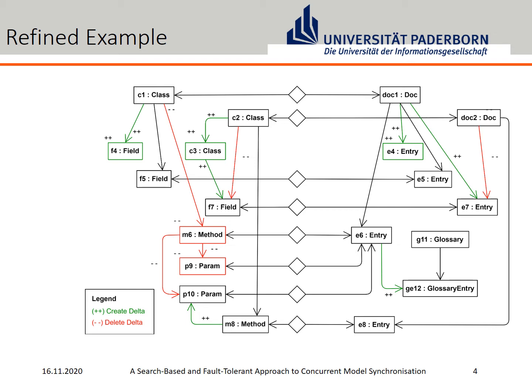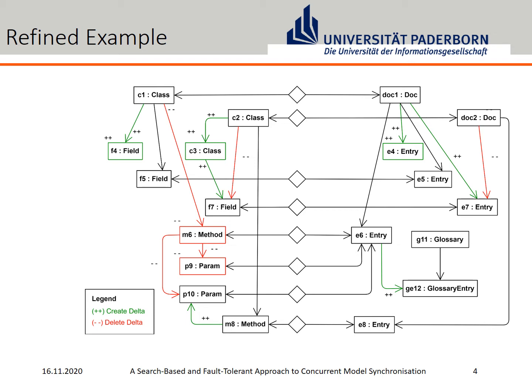For example, in the source model, the class C3 has to be translated to a corresponding document in the target model. On the other hand, in the target model, there is a link between the entry E6 and the glossary entry GE12 that has to be translated as well. Furthermore, a field F4 was created in the source model that could possibly be linked to the entry E4 in the target model.